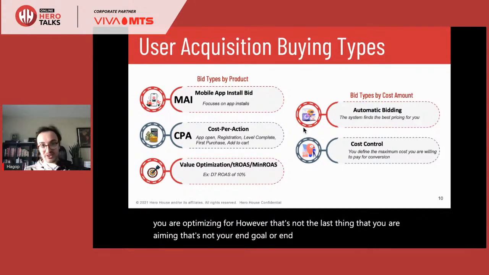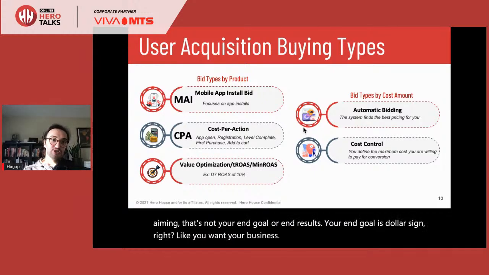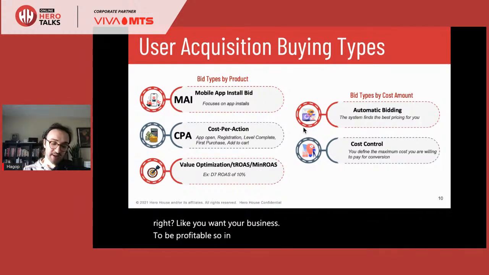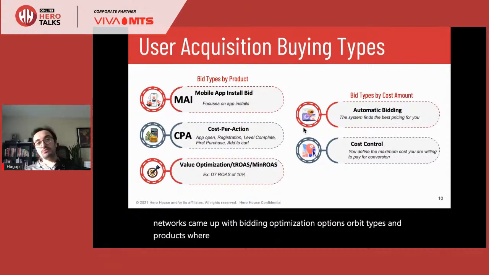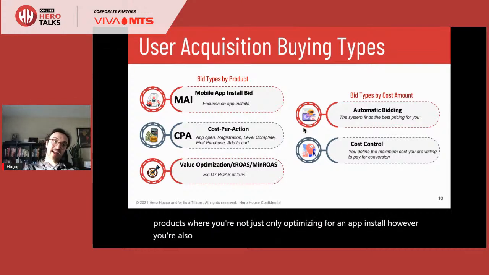Your end goal is a dollar sign, right? You want your business to be profitable. So in order to do that, a lot of the paid networks came up with bidding optimization options or bid types and products where you're not only optimizing for an app install, however, you're also optimizing for that end result.